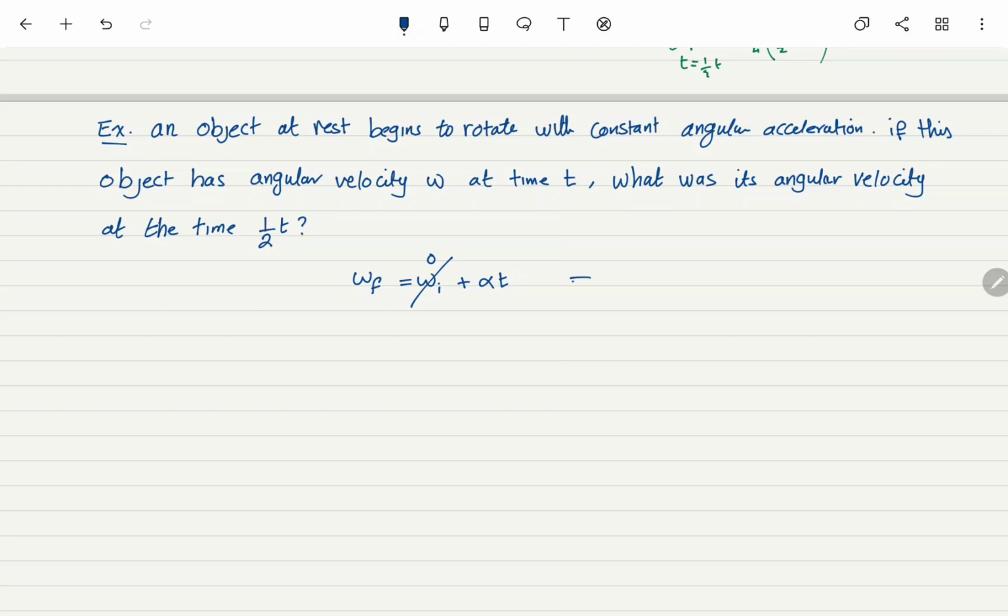So omega final is proportional to t. Dropping the time to half t will drop the omega final to half omega. In other words, omega at t equals t is alpha t, and omega when t equals half t is half alpha t.